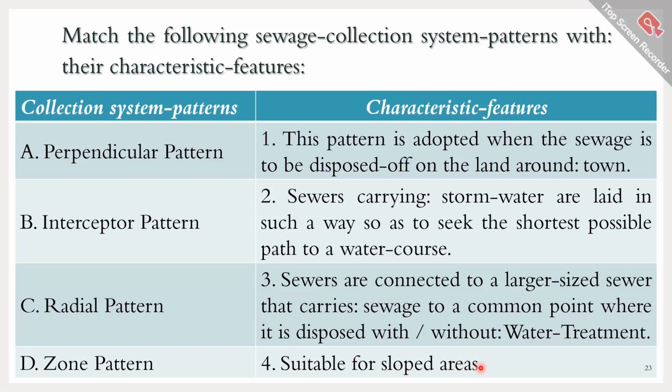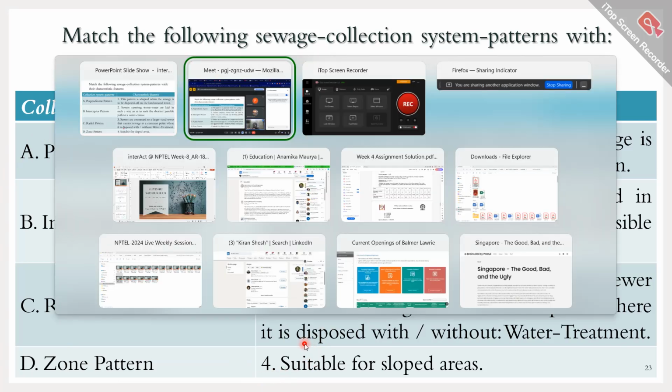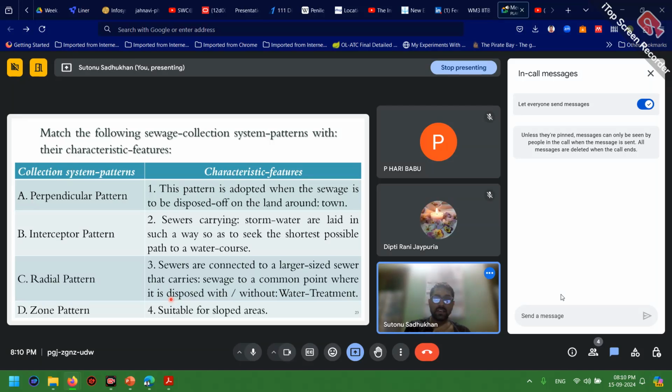And number four is suitable for sloped areas. Now we have to match the left hand column with the right hand column. You can keep this order ABCD as same, and you can tell me the correct order of the RHC. You can write this correct order in the chat box.